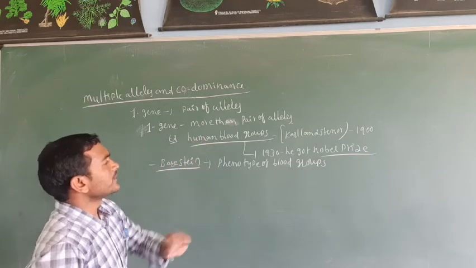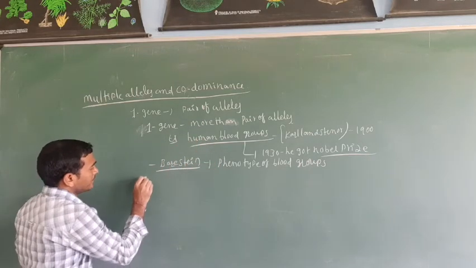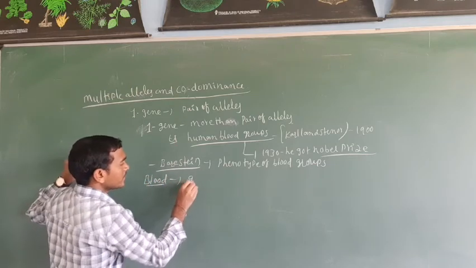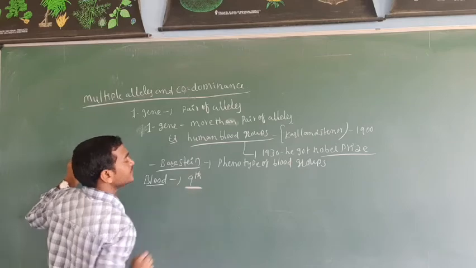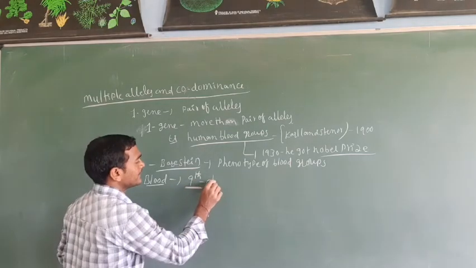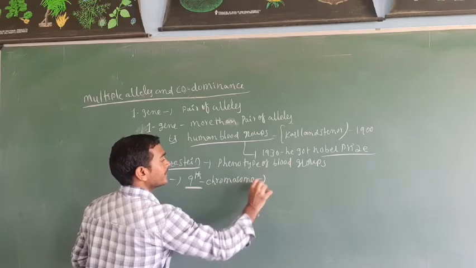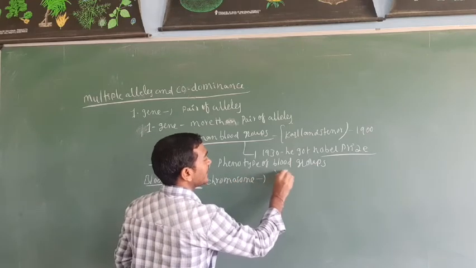The gene for human blood groups is located on the 9th chromosome, and the gene is the I gene.